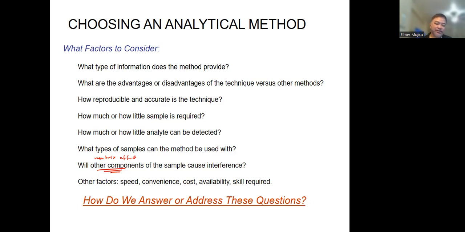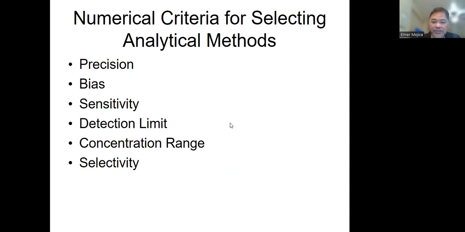So how do we address these questions? Okay, so we look at the numerical criteria for selecting analytical methods, and that's what we call what? Anong tawag natin dito? Yan yung tinatawag nating figure of merits. Okay.